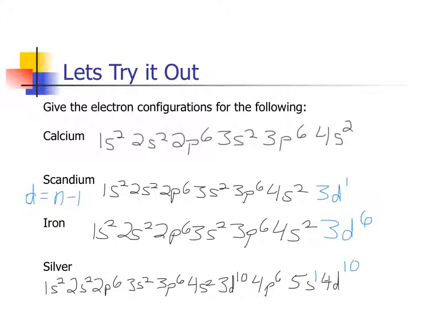A half filled versus a full filled is a little bit more stable, and that's what we want. We want stability when it comes to the electrons. So that would be the why.